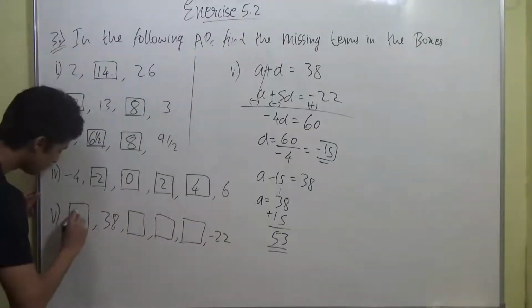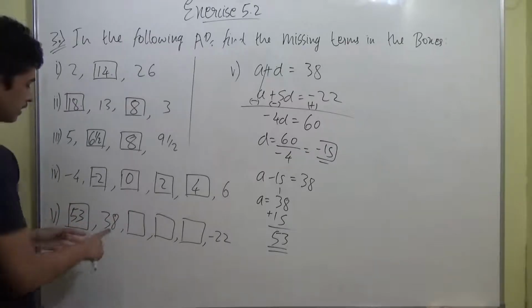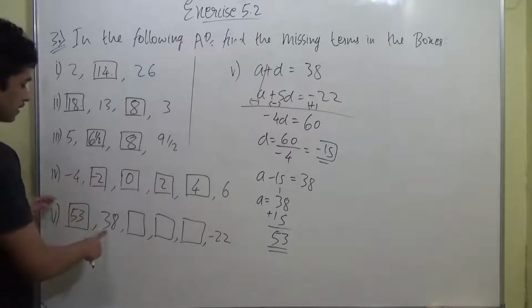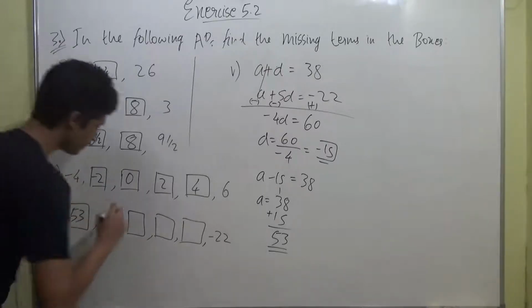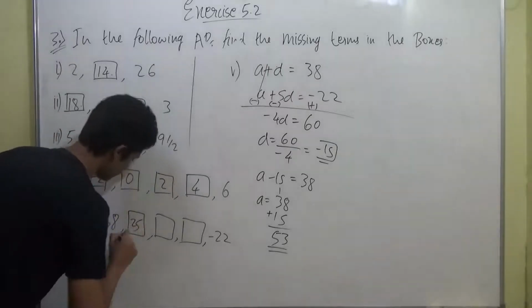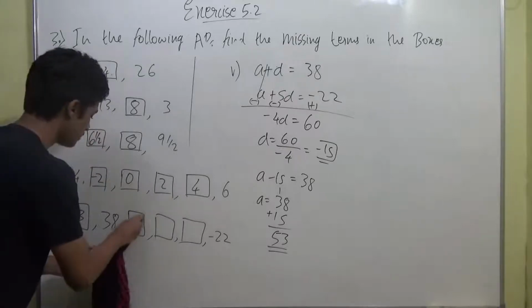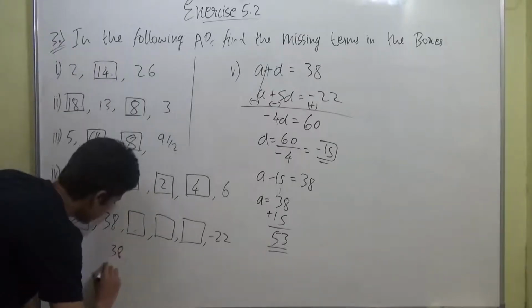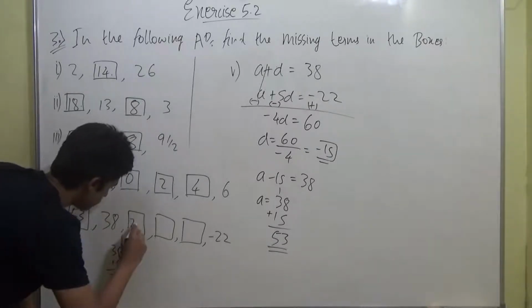Because this is a. And then now we can generate it by ourselves, guys. Now 38 minus 15, because d is minus 15. 38 minus 15 will become equal to how much? 25. No. Sorry guys. I'm minusing 13. So 38 minus 15 will become equal to 23.